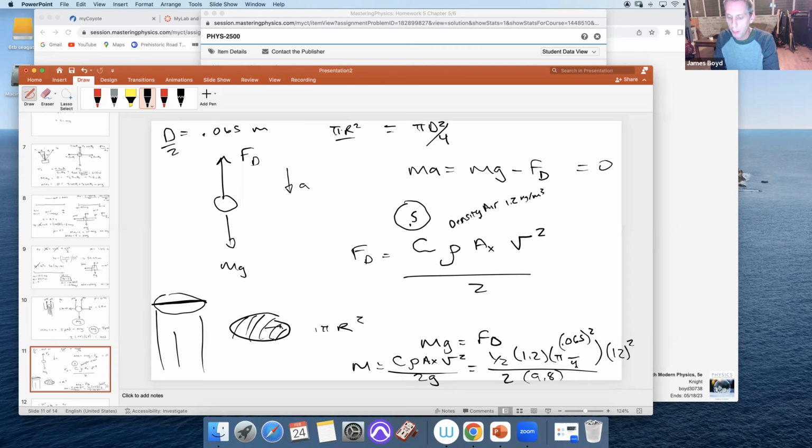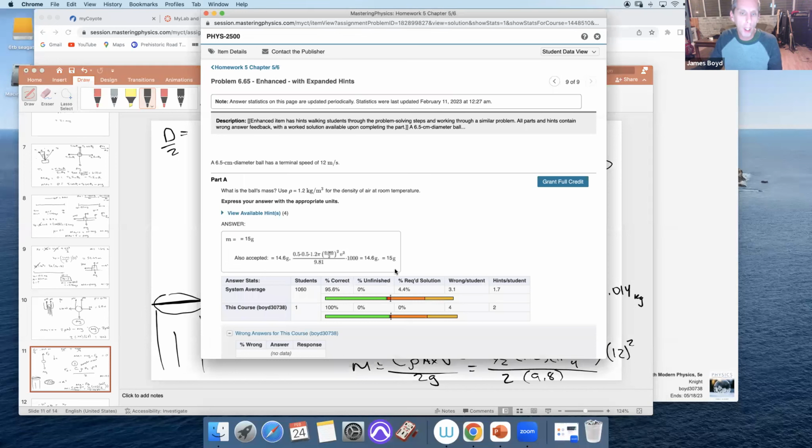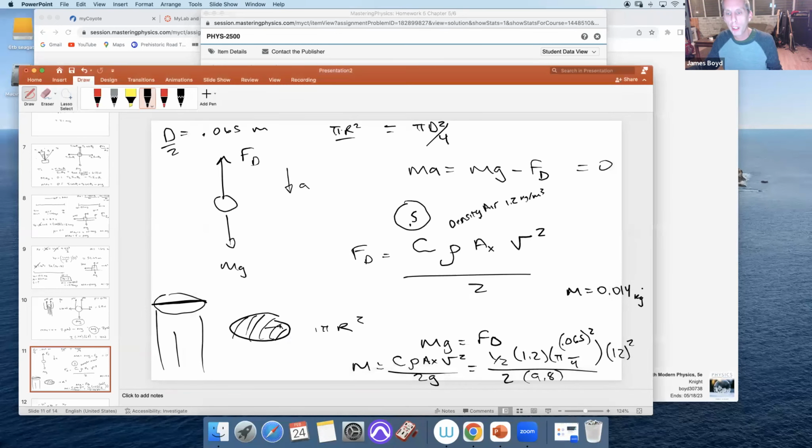Divide all of that by 2 times 9.8. And we get the mass is 0.014. I may have that C wrong. Nope. I get 1.46. I had it right. This is about 15 grams. Remember, there's 1,000 grams in a kilogram. So if I round up, this is 0.015 kilograms or 15 grams.